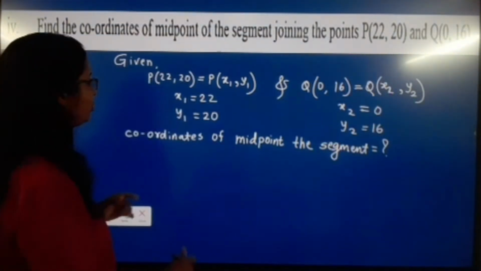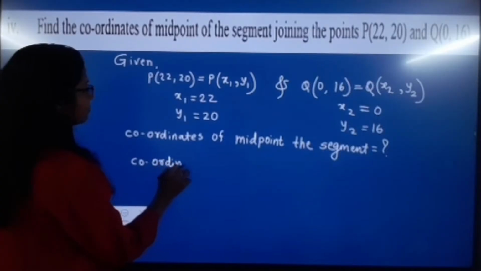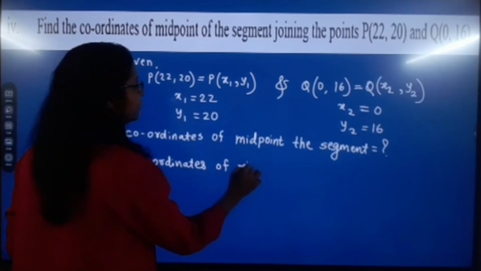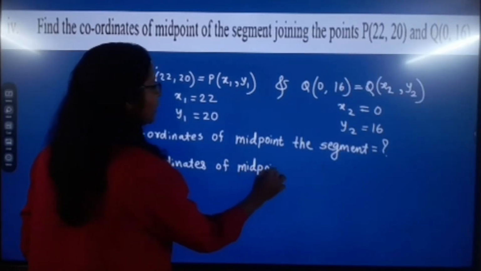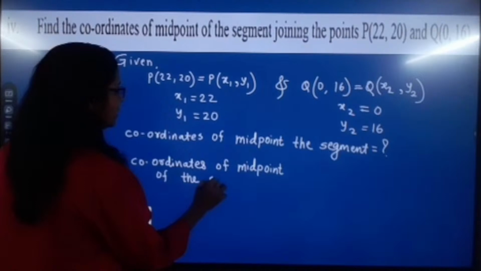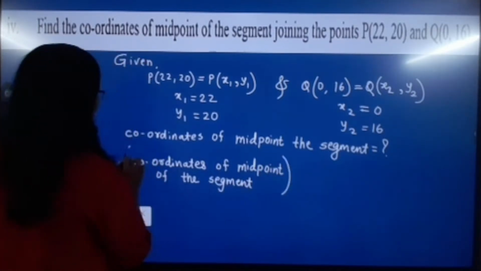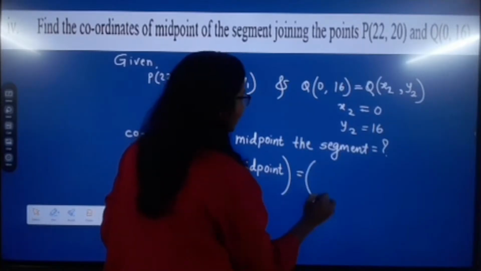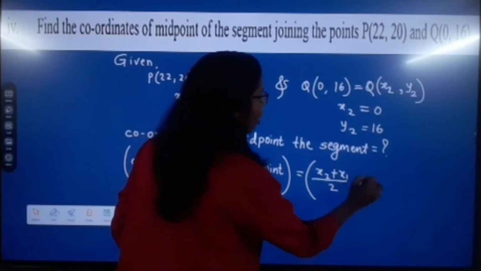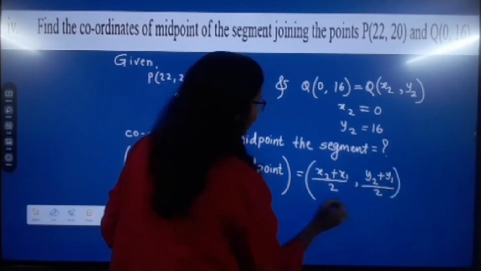So here first we write down the formula, that is coordinates of midpoint of the segment is equal to (x2 plus x1 upon 2, comma, y2 plus y1 upon 2).